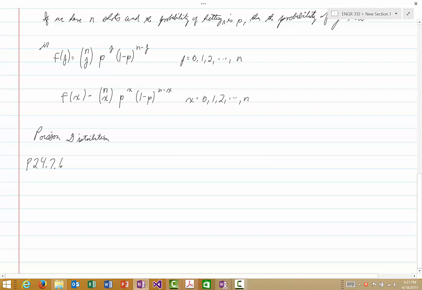This problem says the following. Suppose that 4% of steel rods made by a machine are defective.